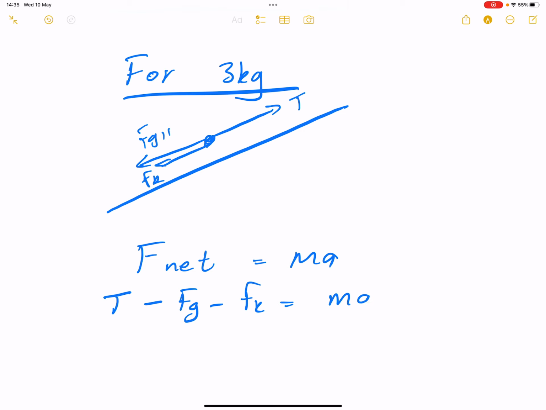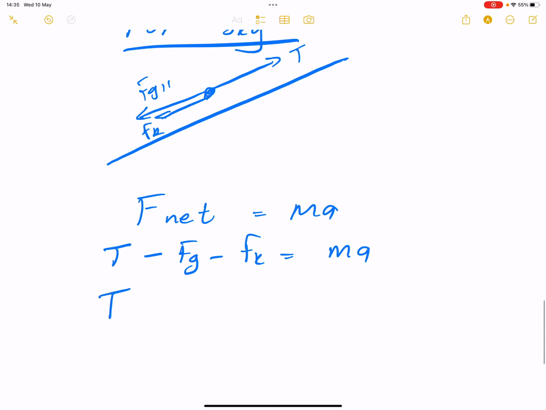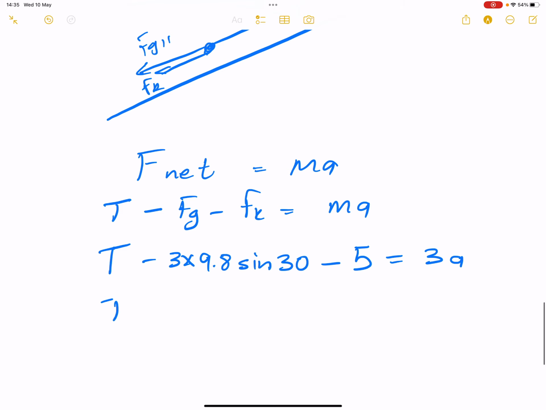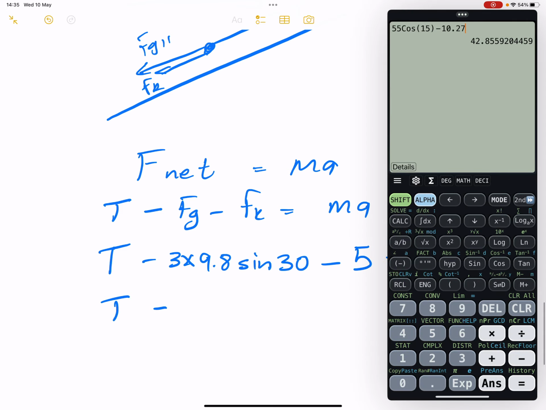And this would be MA. So that would be mass is 3 times 9.8, we said, multiplied by the sine of 30 degrees, minus the frictional force. Remember, they said the friction is 5 newtons, and this is equal to 3 times A. So let's just try to simplify.